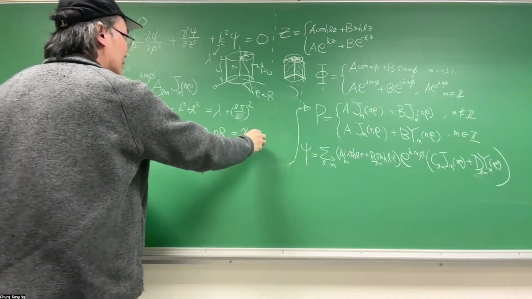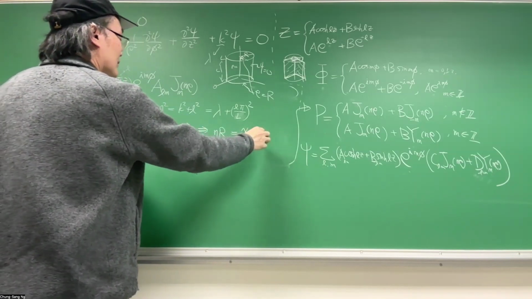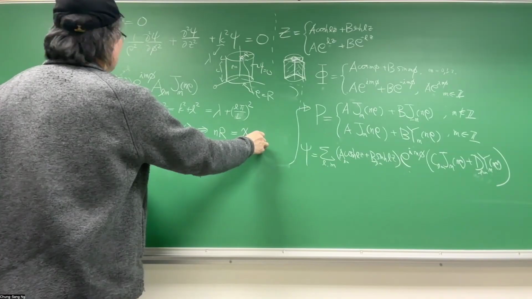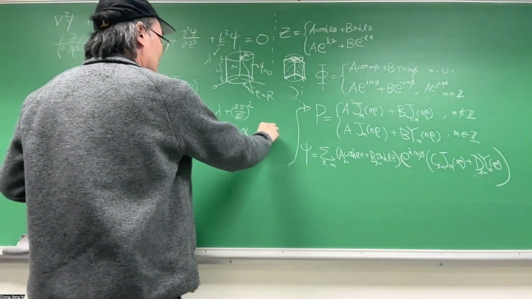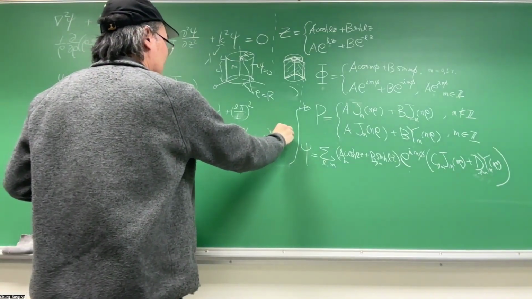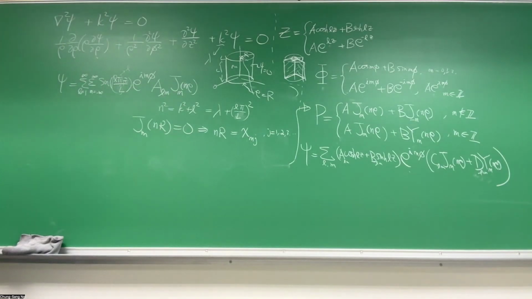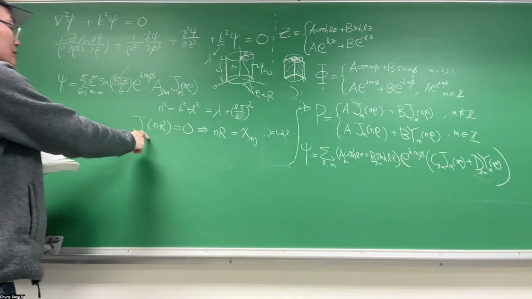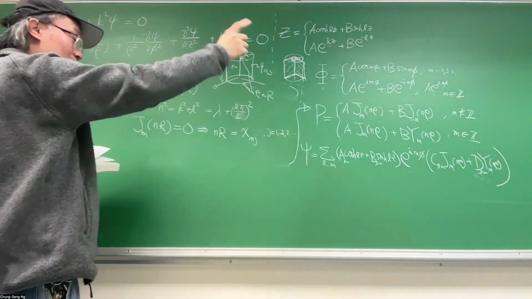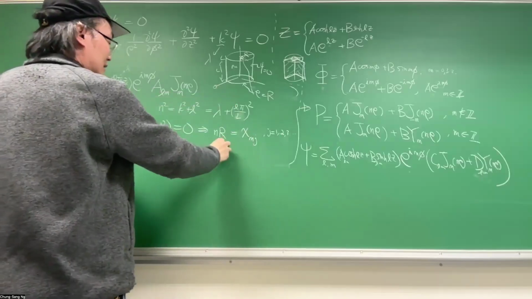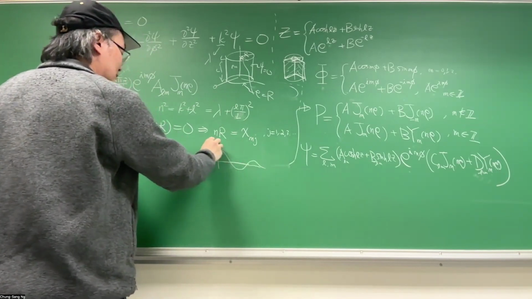So what are the variables? Maybe we use J. J will just count all the zeros of the Bessel function, right? You don't count the zero at rho equals 0. So you count the integer Bessel functions, J0 is something like that, J sub 0.